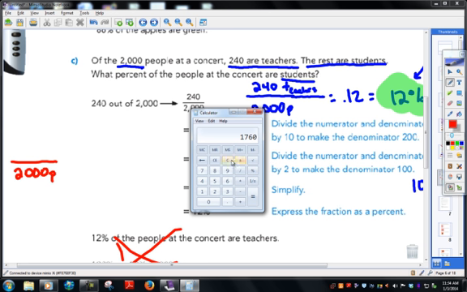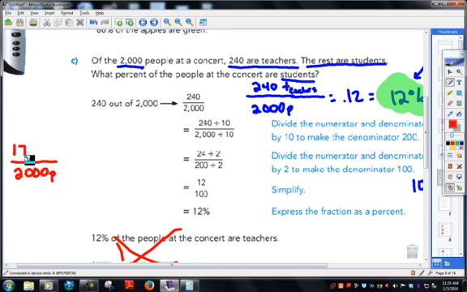That tells me, let me do that again, make sure I typed it in right. 2,000 minus my 240 teachers, and I get 1,760 students. It's easy enough.